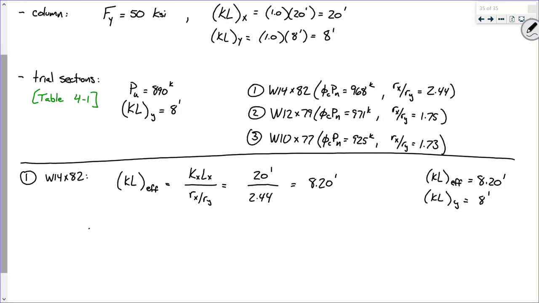We have phi Pn at a KL of 8 and phi Pn at a KL of 9. What do those come out to be? You've got the table, right? Now you should know the top one. We looked that one up. The 968, yeah.